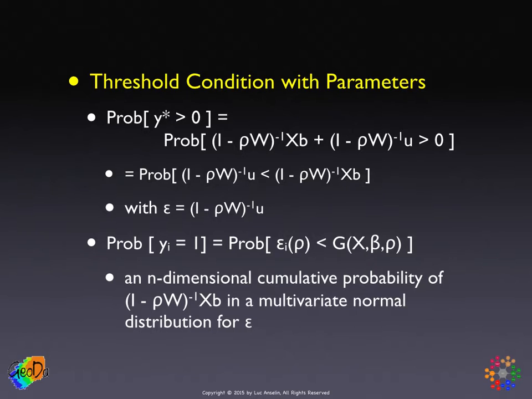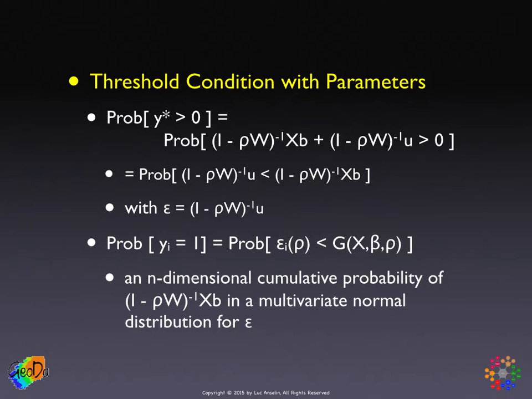Exploiting the symmetry of the error distribution, we can again express this as (I minus rho W) inverse U, which is a vector of random variables, one for each observation, less than (I minus rho W) inverse X beta, which is also a vector. So for each observation, we need to find the corresponding term.